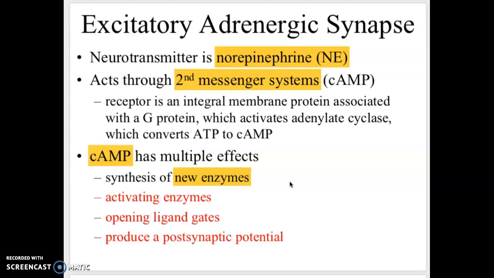For example, it could synthesize more enzymes that degrade the neurotransmitter in the synaptic cleft. If you remember, acetylcholinesterase would be an example of that. So cAMP could synthesize more acetylcholinesterase.